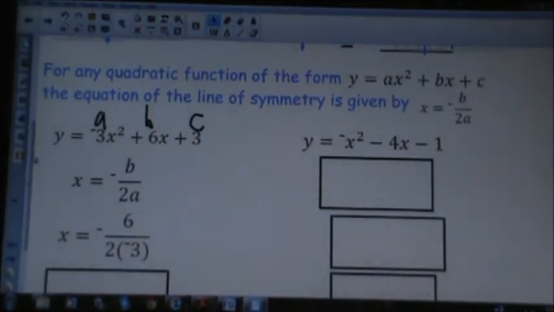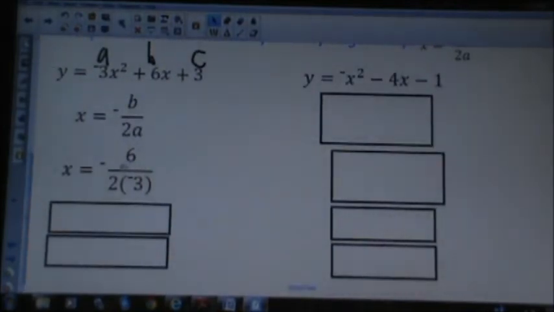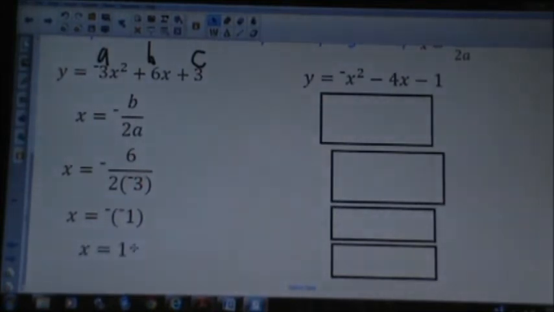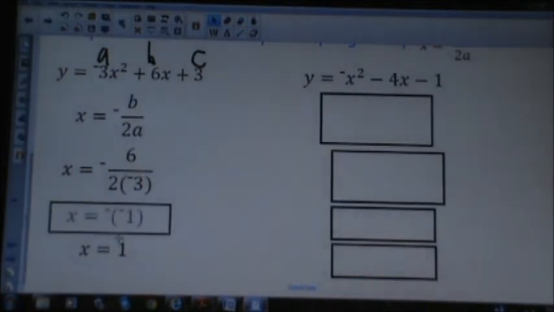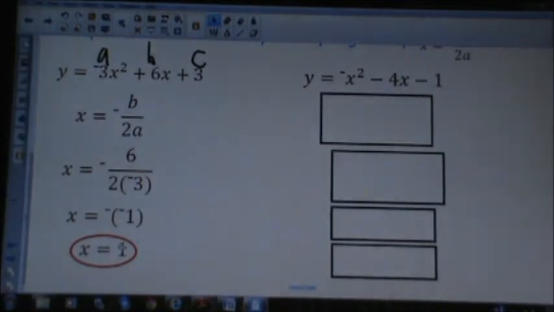Now I'm going to do 6 divided by 2 times negative 3, which is negative 6. 6 divided by negative 6 is negative 1, but I want the negative of negative 1, which simply gives me positive 1. So our equation for our line of symmetry for this quadratic function is x equals 1. So if I was to graph this where x is 1, I have a vertical line.